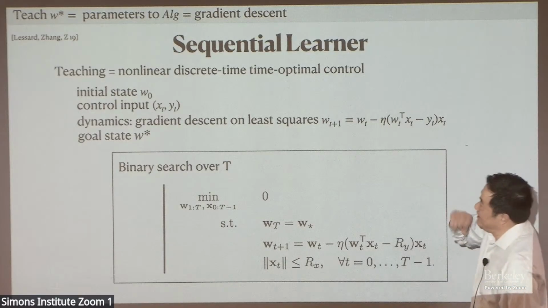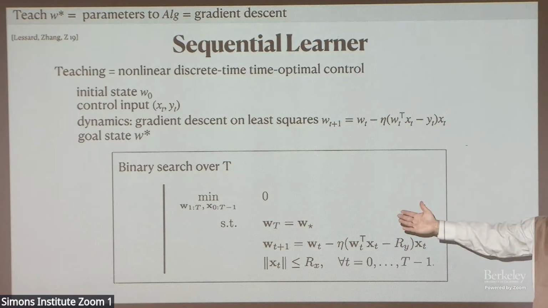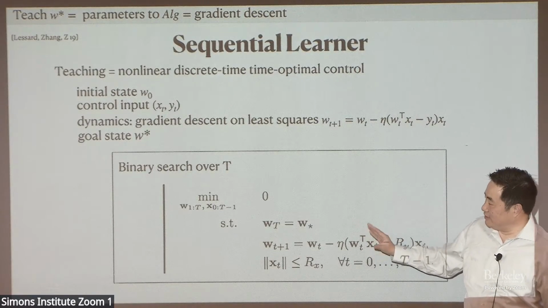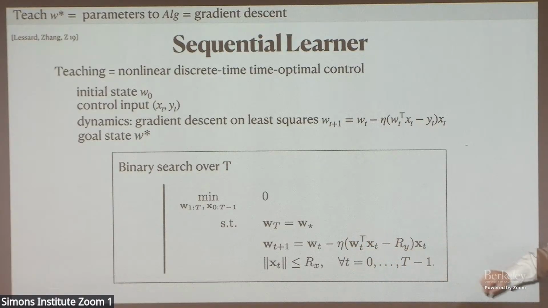So that is a time optimal control problem. No closed form solution, but you can use binary search to write down a feasibility problem for a given time horizon t. You want to see if there is a feasible set of x, y controls to do this. Don't try to read too much into this, but that's what it is saying.